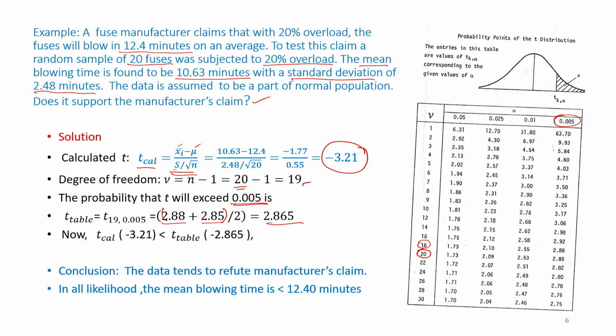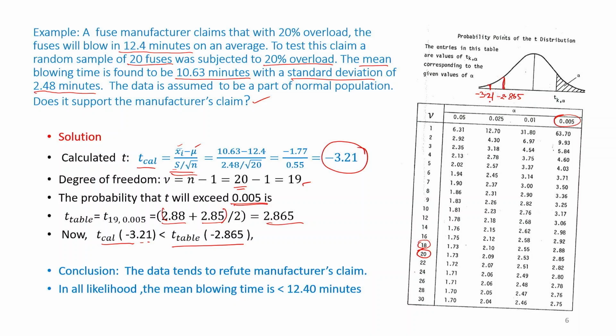So this value and the calculated value, if we compare, the calculated value is less than 2.865. It is negative, that means we are going this side. Here it is minus 3.21, and here it is minus 2.865.